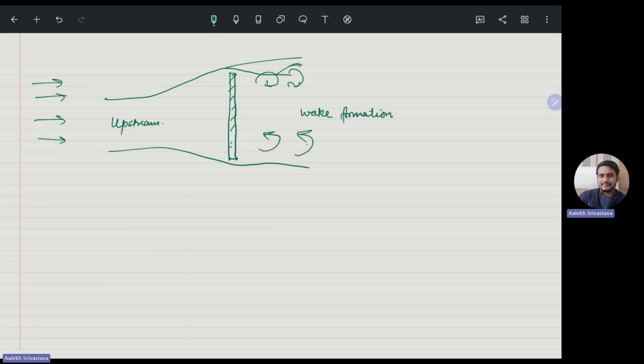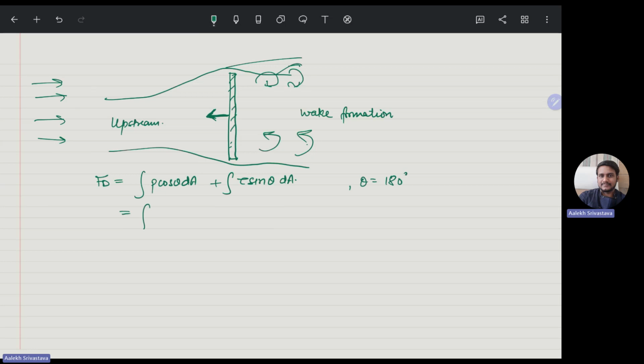Now here what happens, this is your elemental area. Here, FD is equal to integral of P cos theta dA plus tau sin theta dA. Now this is a flow field, this is your elemental area, so theta is equal to 180 degree.